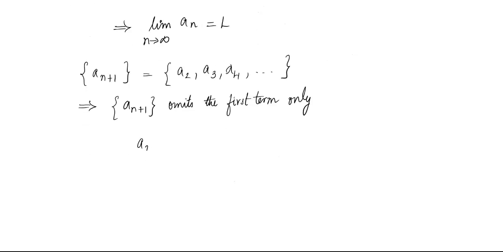So you can write a_(n+1) as 4 over n plus 1 times a_n. So this implies the limit of a_(n+1) as n approaches infinity.